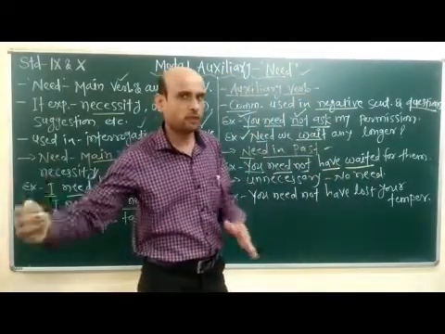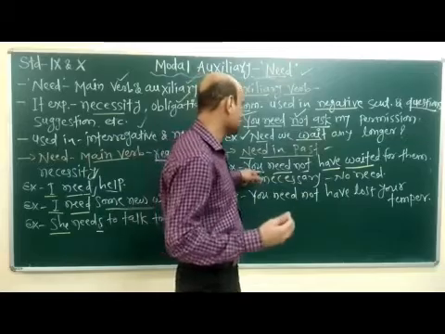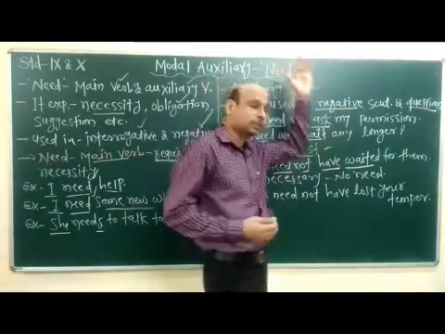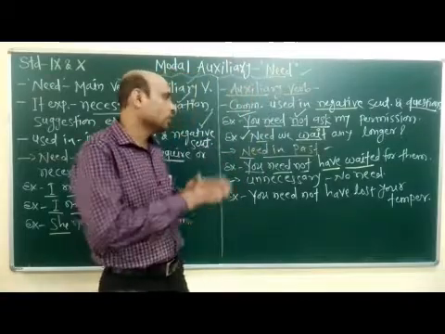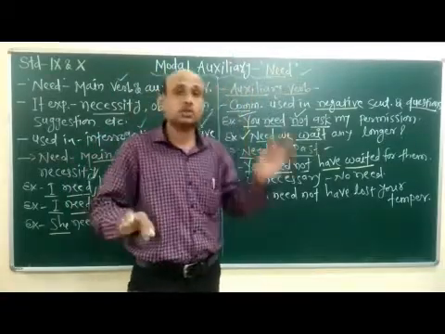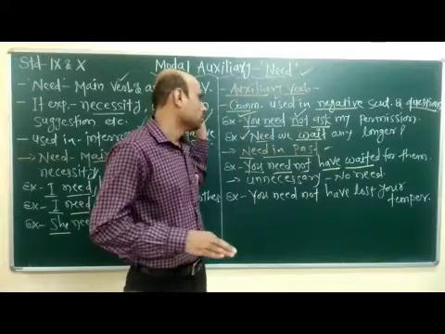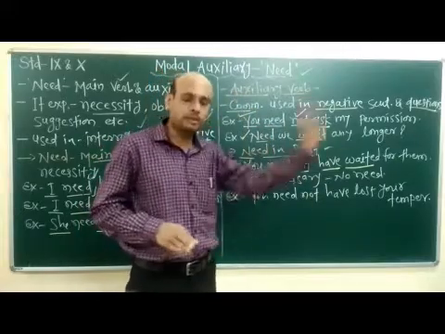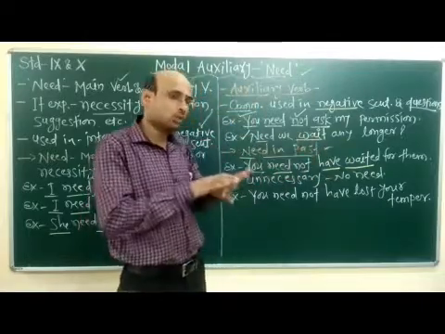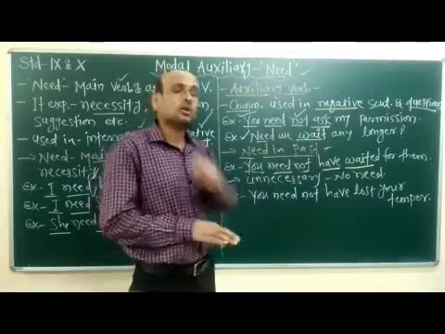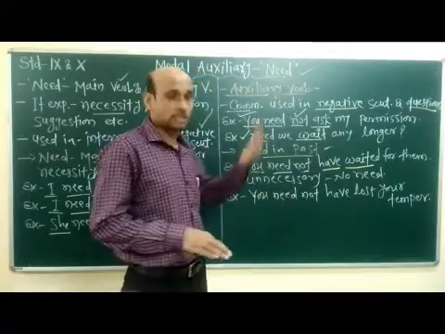Wait, waited, waited. So in this way, you need not have waited for them. What is the meaning of this sentence? It means it was not necessary to wait for me or wait for him, whatever, or wait for them. There was no necessity or no need at all in the past.